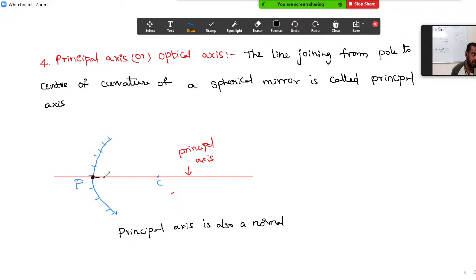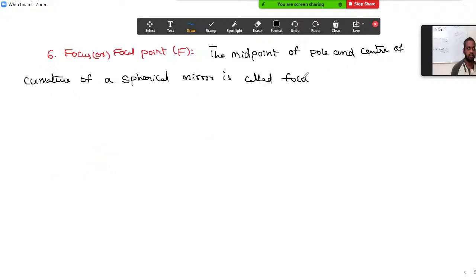The sixth point is focus, or focal point, denoted by capital F. The definition: the midpoint of the pole and center of curvature of a spherical mirror is called the focal point.